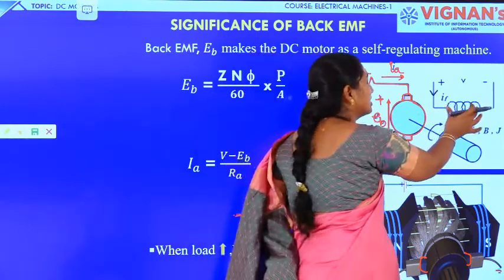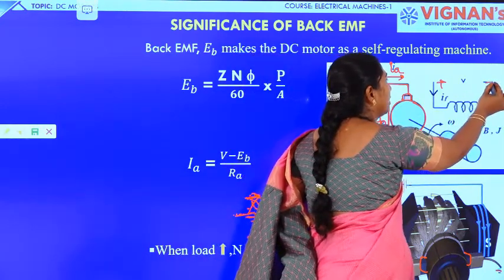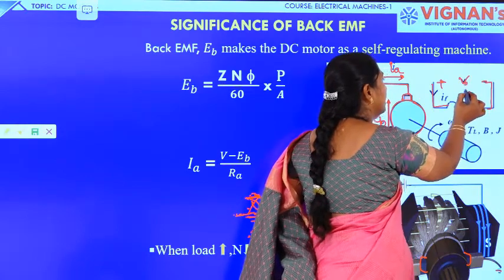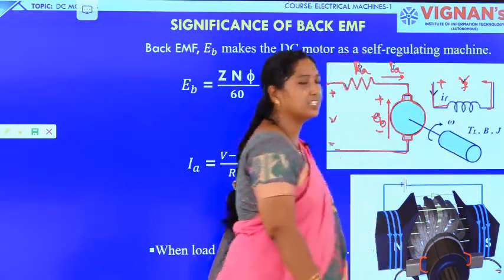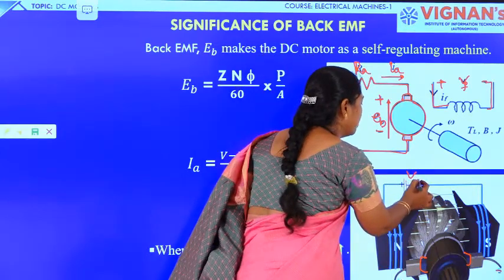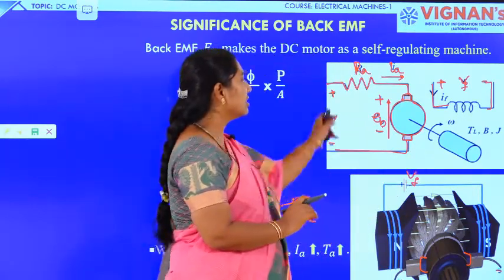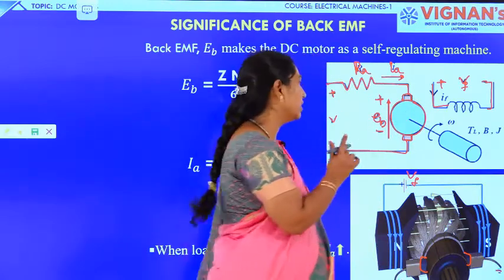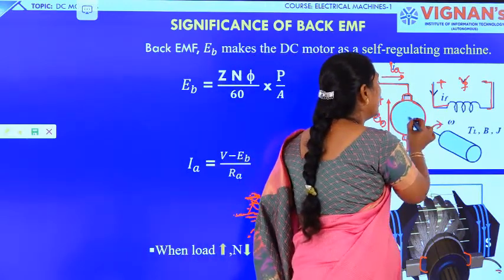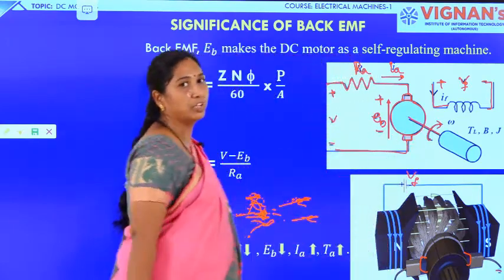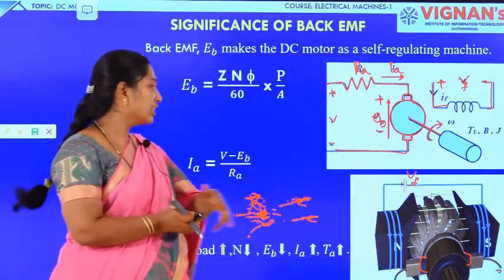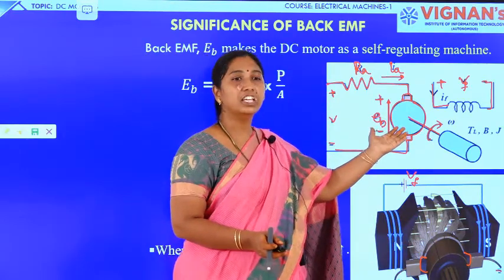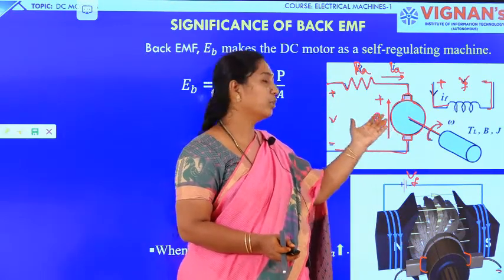That is why the excitation is shown here, and it is again fed with the DC supply. Let us say that the field winding is energized by supply VF. So, this is how we represent the equivalent circuit of a DC motor, and this is the mechanical load acting on the DC motor. So, every time instead of representing this type of a diagram, we will represent the equivalent circuit of a DC motor like this.